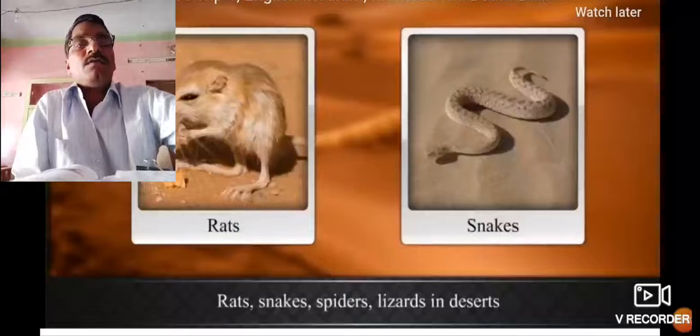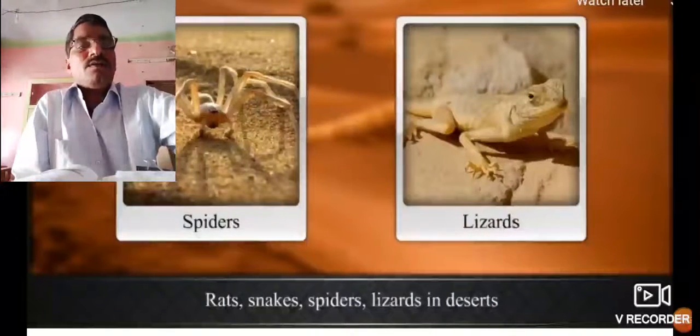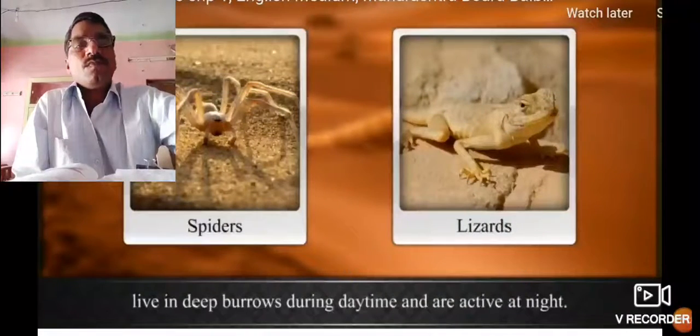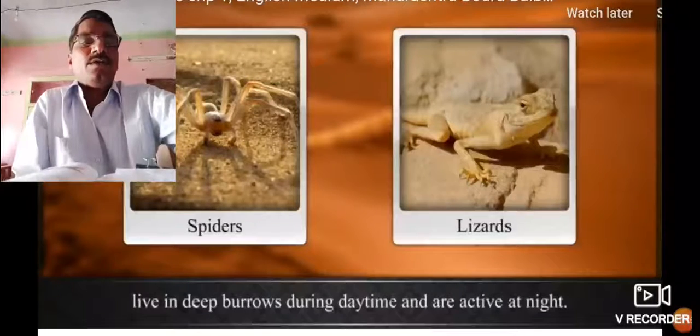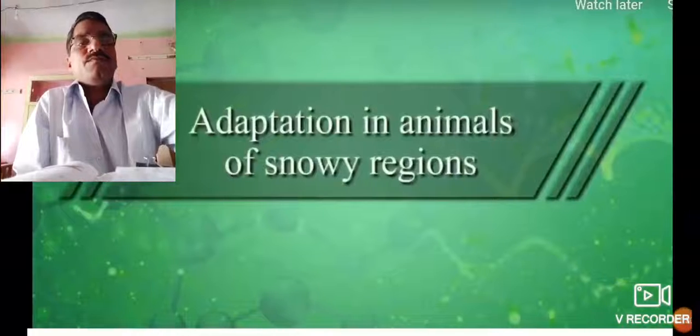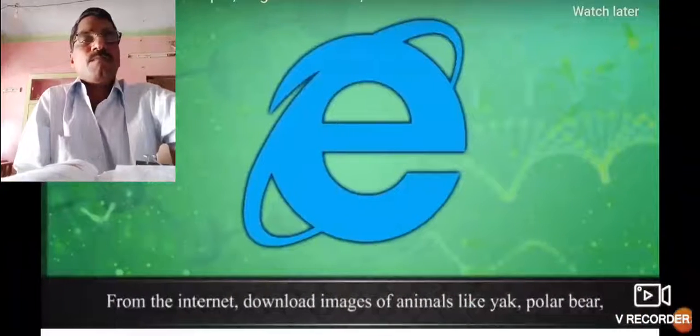Now, other desert animals, dear students, like rats, snakes, spiders and lizards, live in deep burrows during the daytime and are active at night. Next point, dear students: adaptation in animals of snowy regions.